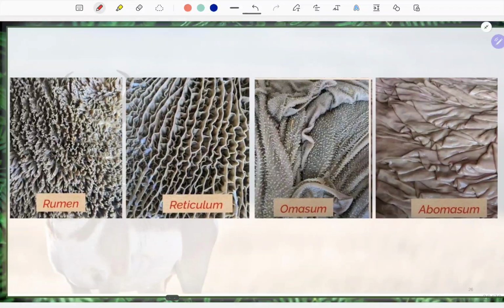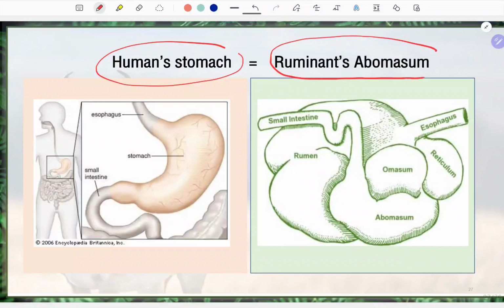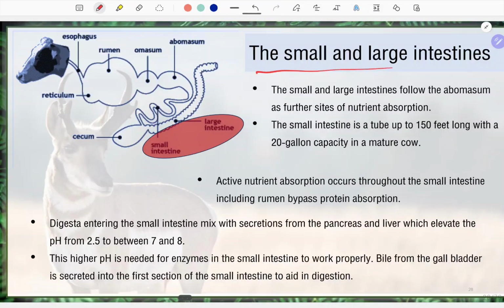This is the anatomy of the rumen, reticulum, omasum, and abomasum. The human stomach is like the ruminant abomasum. Okay. Small intestine and large intestine.